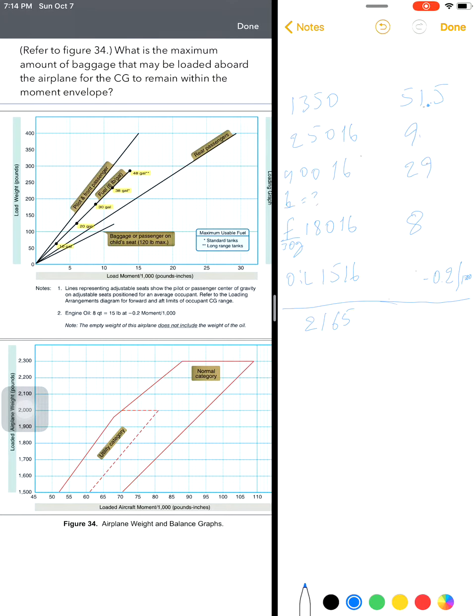And then the moment: 51.5 plus 9 plus 29 plus 8 minus 0.2 equals 97.3.